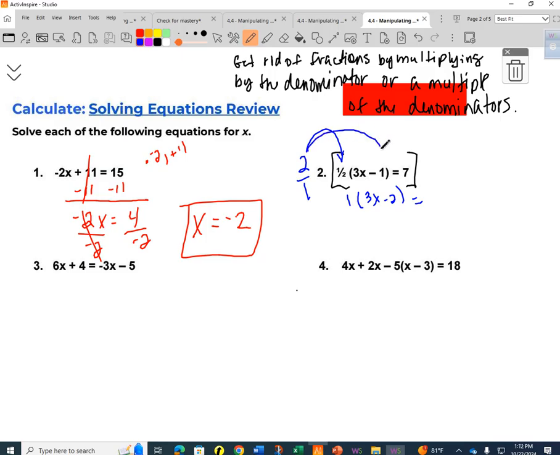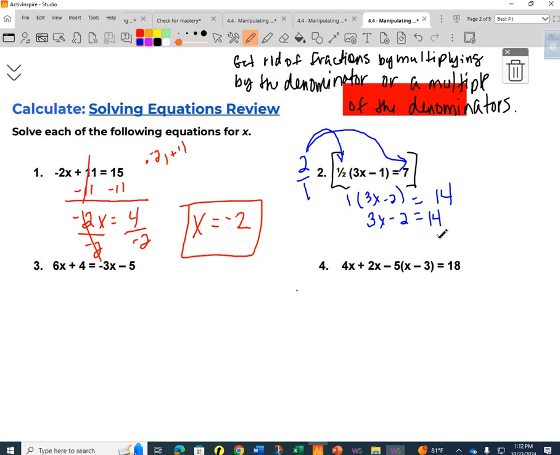Equals 2 times 7, which is 14. So really what we have is 3 times x minus 2 equals 14. I just wrote the 1 there so you can see my process. You don't have to write the 1 there if it's going to be a factor of 1.